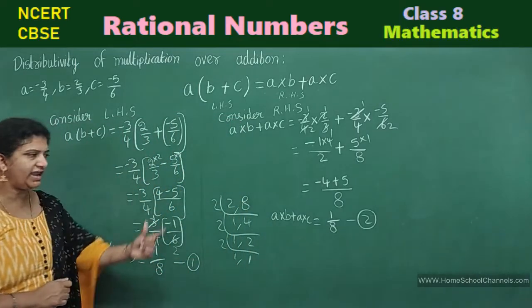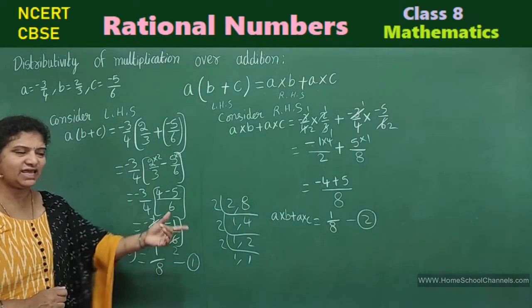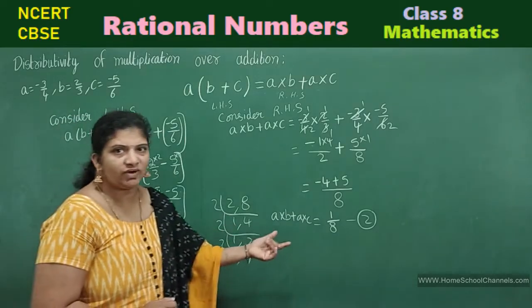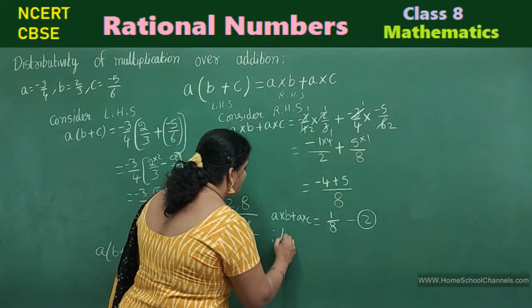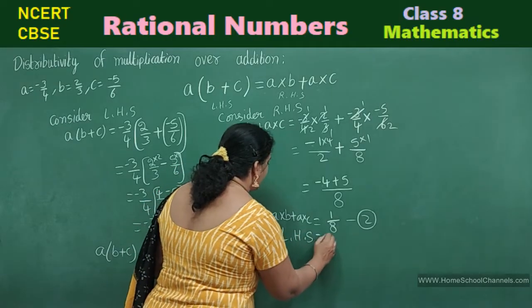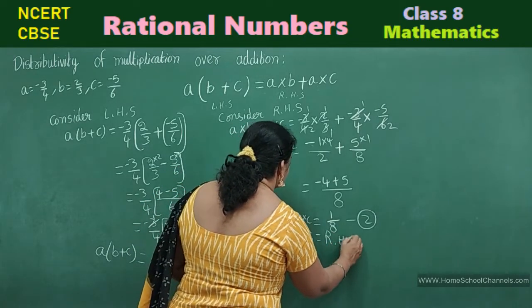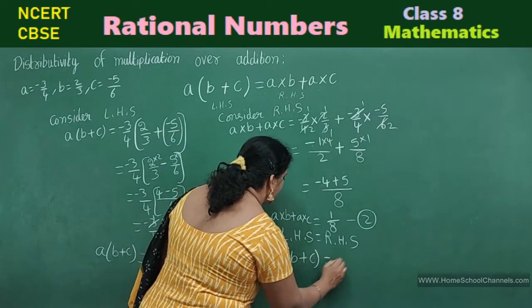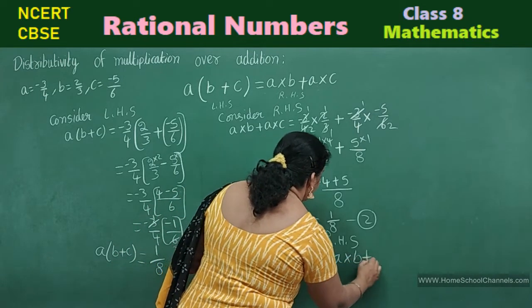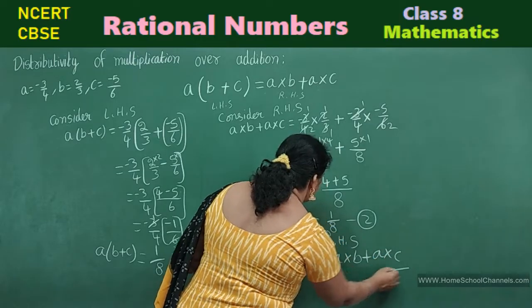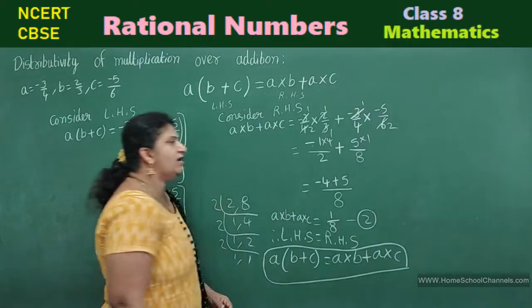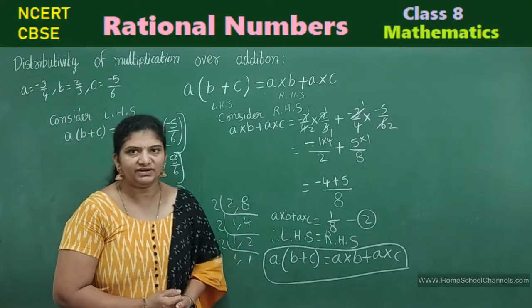Observe equations 1 and 2. Did you get the same answer? Yes, 1 by 8 and here also 1 by 8. Therefore, LHS is equal to RHS. That means A into B plus C is equal to A into B plus A into C. This is the distributive property which is satisfied by rational numbers.